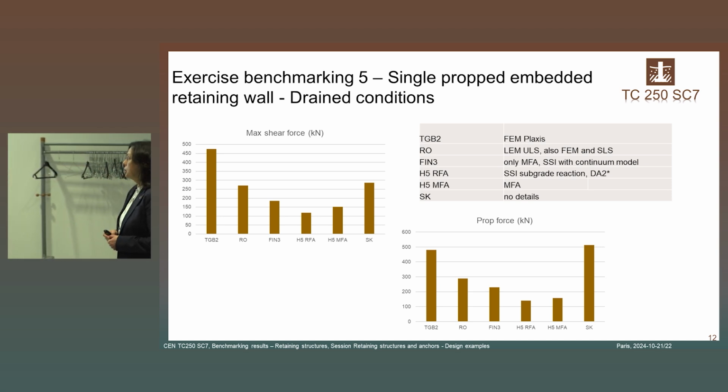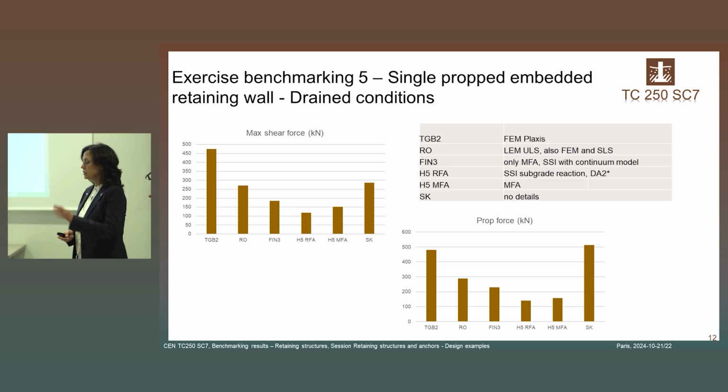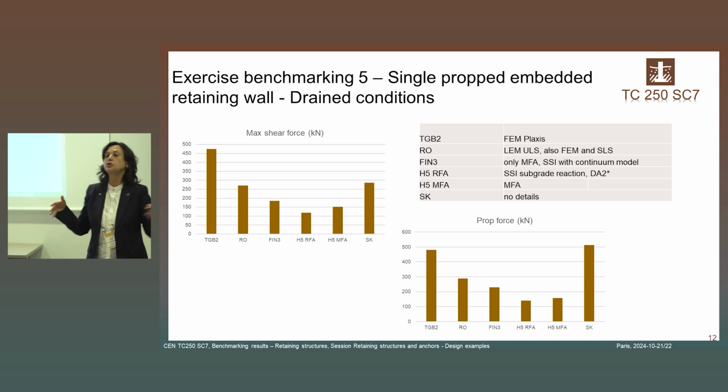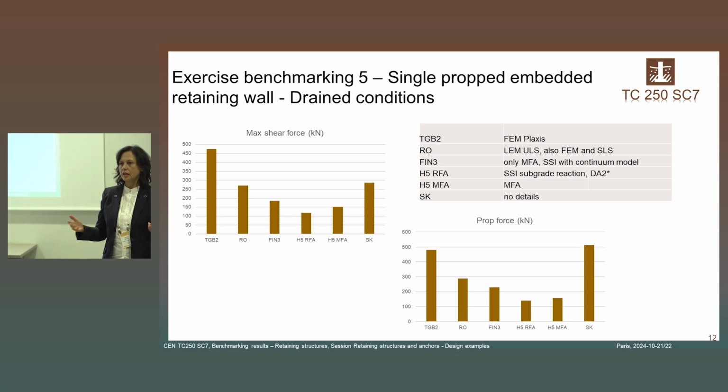So what we can conclude from here is that, of course, even if we are calibrating very carefully and giving the exact values and all the details in order for people to approach it in the same way, this is a kind of geotechnical structure that is giving many differences, because the methods are giving different results.